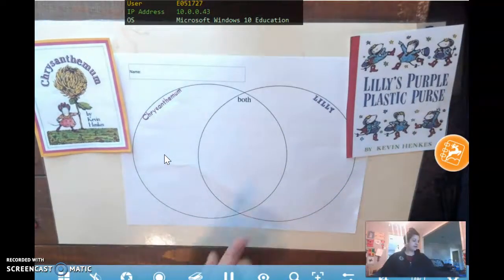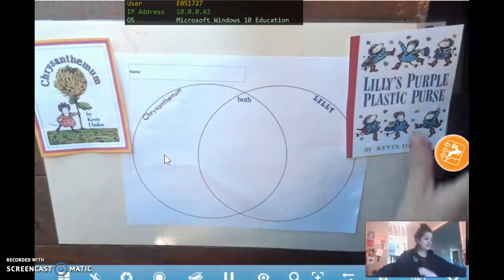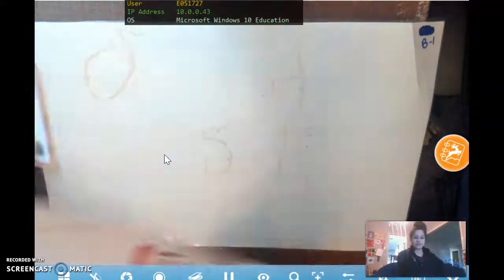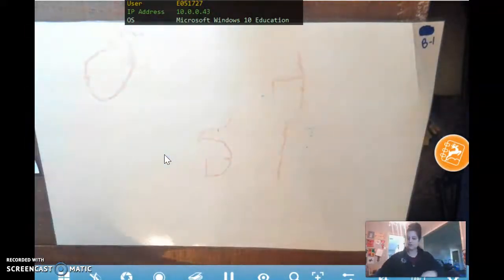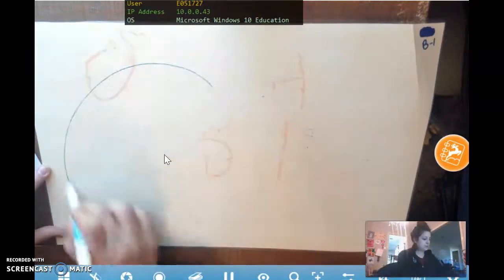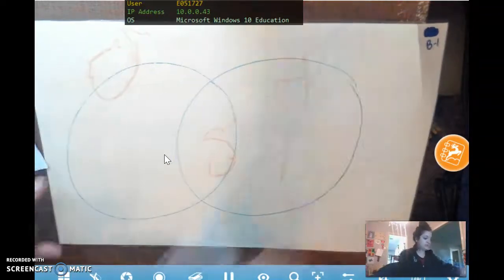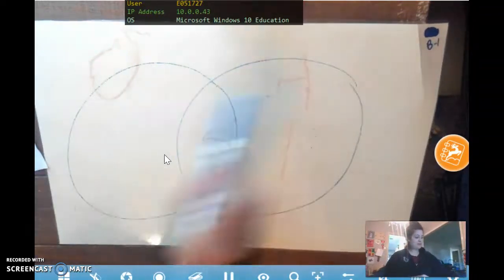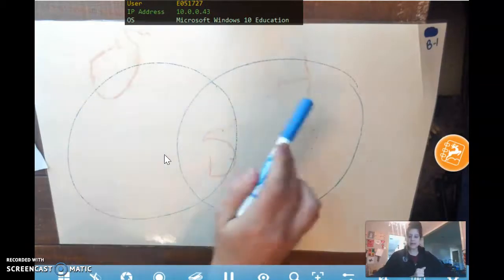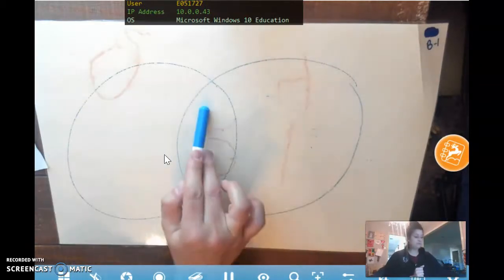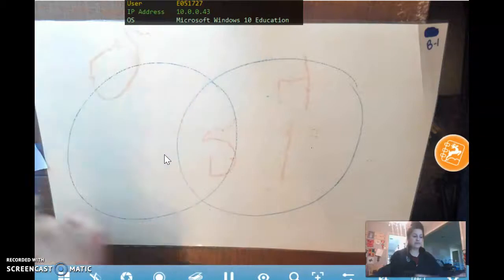I understand you're not going to have this at home, but it is so easy to draw one. Let me show you how to draw one. You're just going to draw two circles overlapping each other. So there's one big circle. There's another big circle. And then you'll label Chrysanthemum on one side, Lily on the other side, and both how they're the same in the middle.